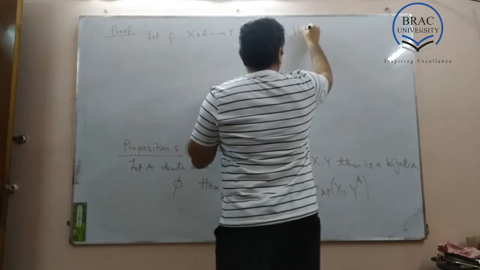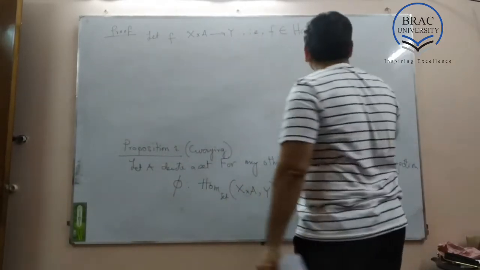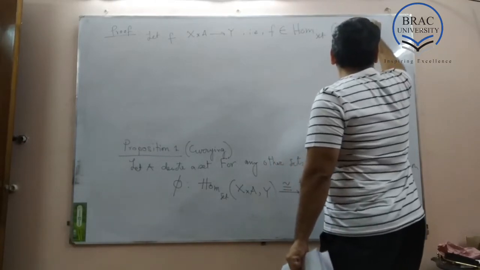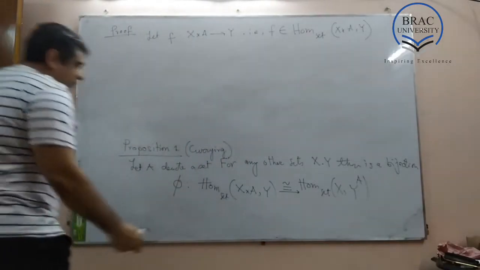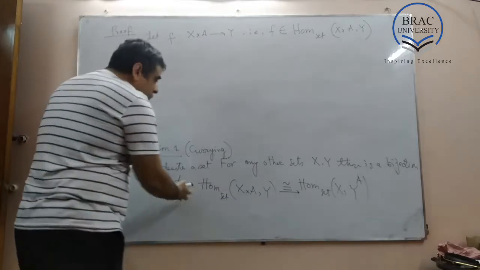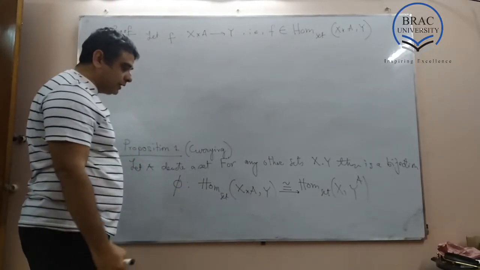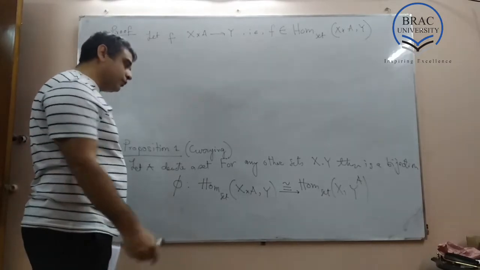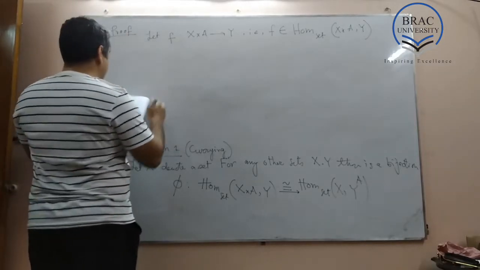So F belongs to Hom_Set(X cross A, Y). Okay. So F is an element in this set. Now we need to define this map. How are we defining this isomorphism? We first have to define a map, and then we are going to prove that it is an isomorphism. So this is how it's defined.